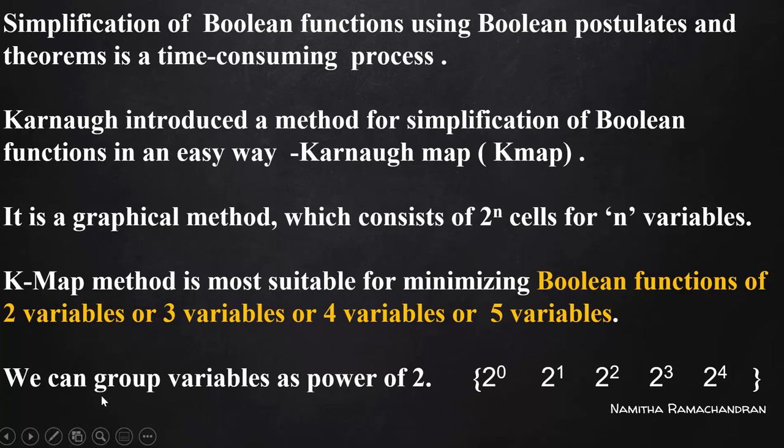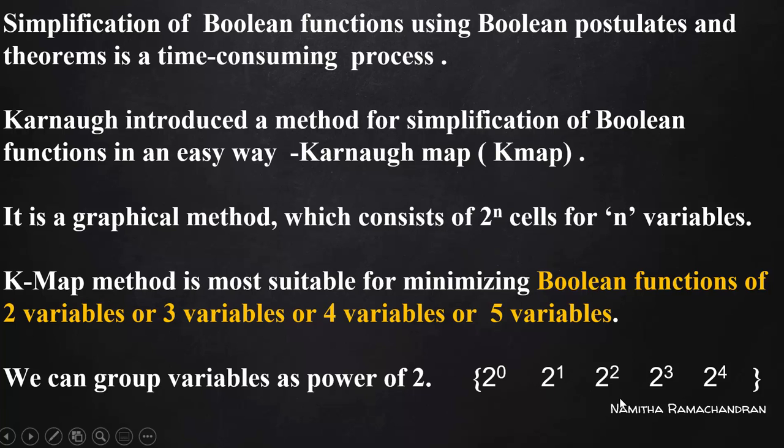So in this Kmap, the basic requirement is grouping of variables. We can make different groups of Kmap cells based on the power of 2. We can make a group with 2 raised to 0 cells, that means a single cell. 2 raised to 1 means 2, that is a group of 2 cells.